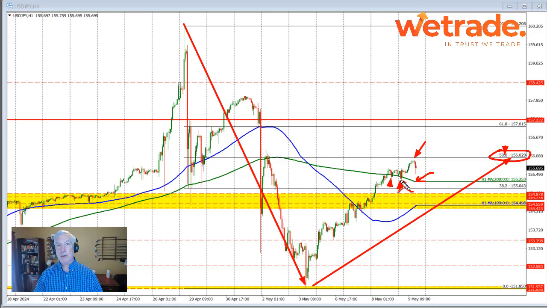We tried it here, but could not do that. So now the moving average is moving lower and further away. It's flattening out a little bit, but we need to get below that level, 155.25, to increase the bearish bias. Right now we're in between what is resistance above and support below, and we'll see how that all pans out going forward in the dollar versus yen.